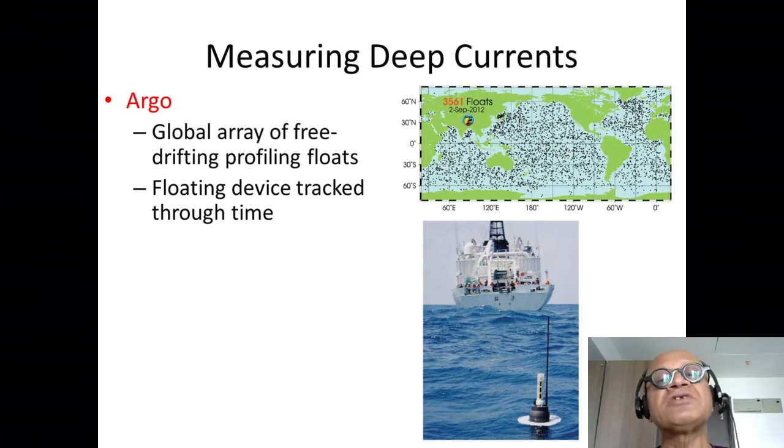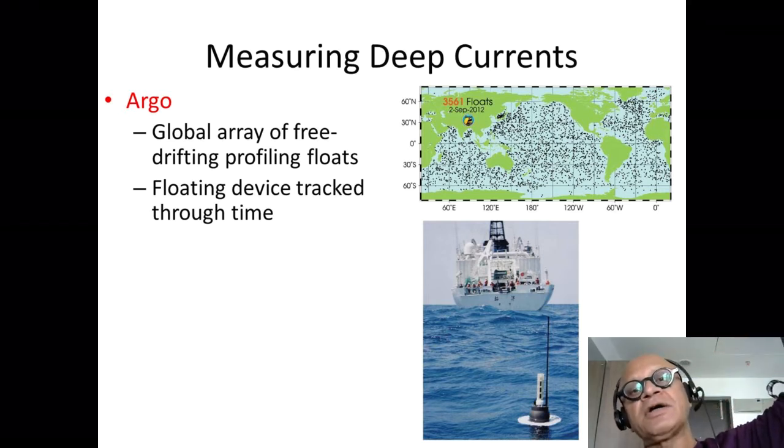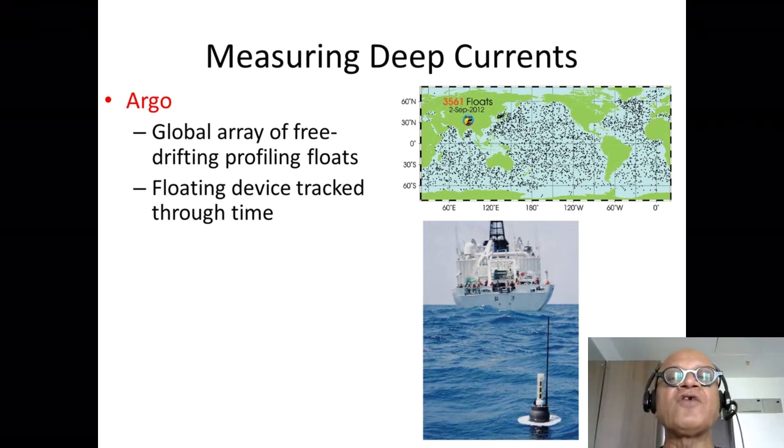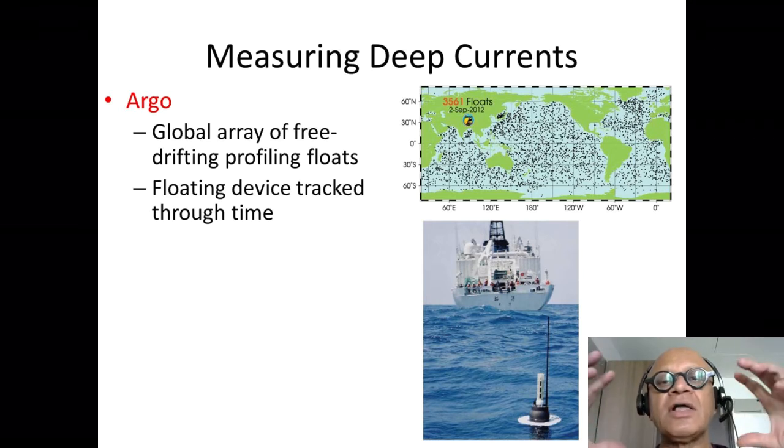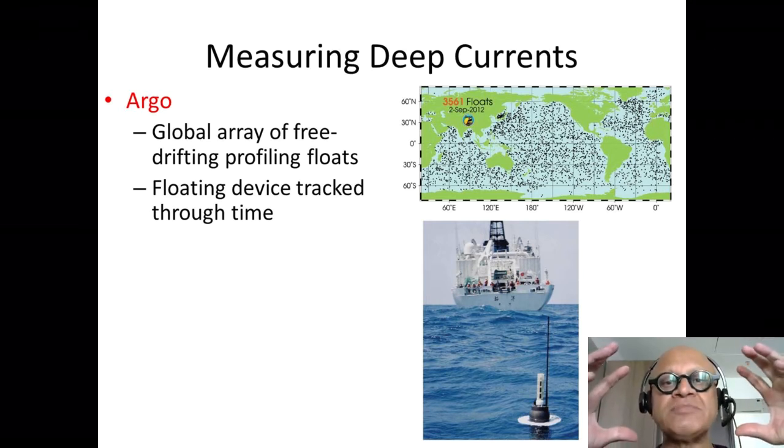Deep currents nowadays are also being measured by something incredibly useful called the Argo Float. The image is shown on the right here next to a ship. Basically, it's a cylinder with an antenna at the top that sticks out of the water, and it has a sac which changes its buoyancy.